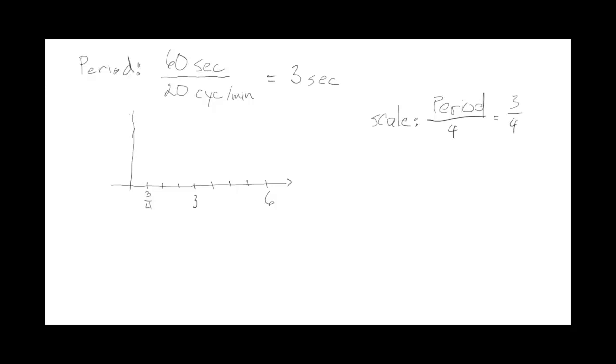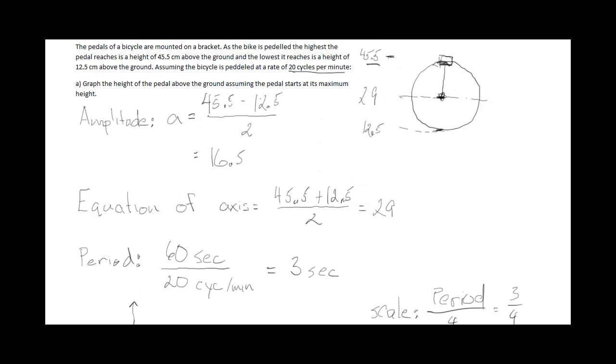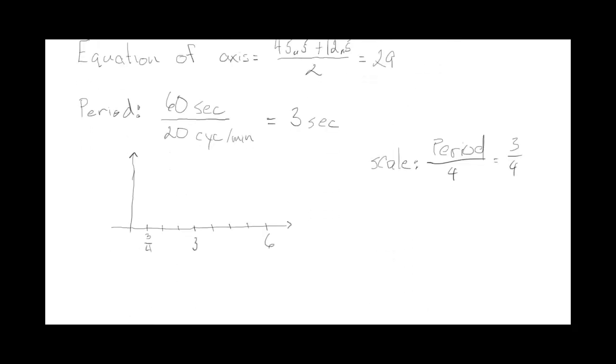We need a scale for our vertical scale. Just make sure you get your maximum value, which is 45.5, and your minimum value, which is 12.5. I'm going to skip a few numbers, so I'll make this 12.5, I will make this 29, and I will make this, going up by equal amounts, 45.5.